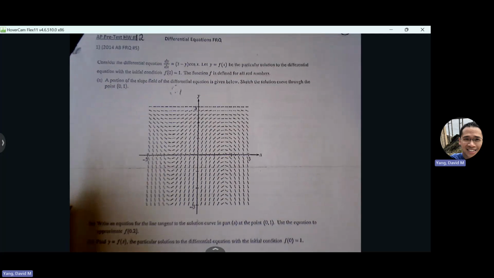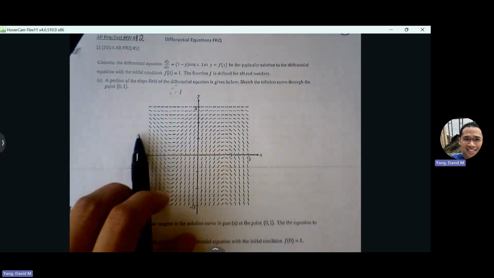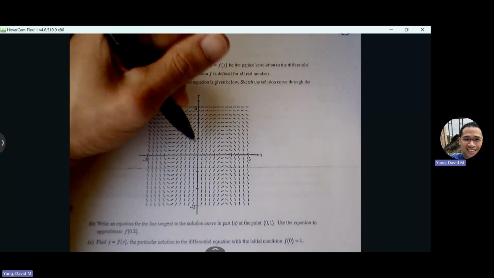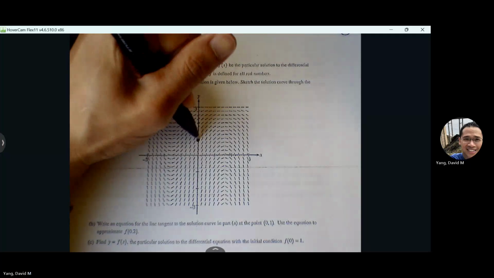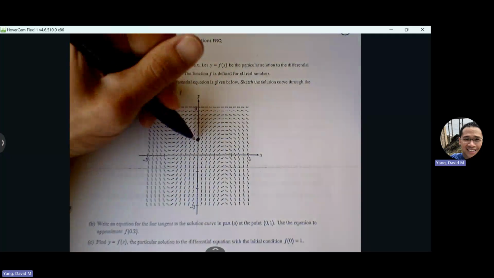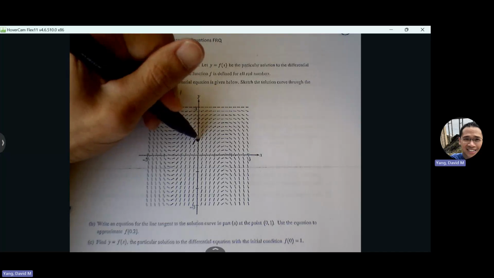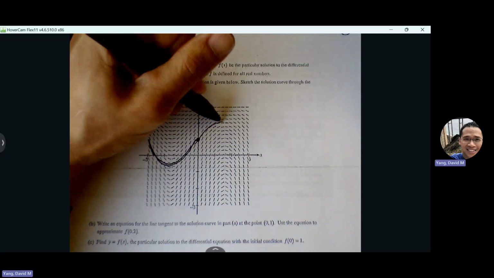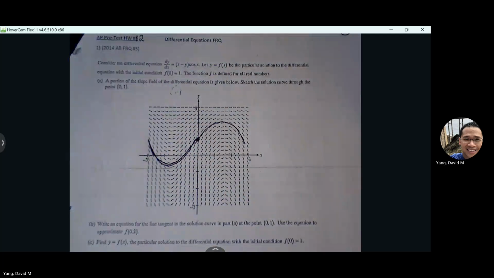So really, this is pretty easy because all we're doing is just following the flow of the graph. And we just have to make sure that the graph goes through (0, 1). So if we just follow the flow of the graph going through that point, we can see how our graph is moving and curved.